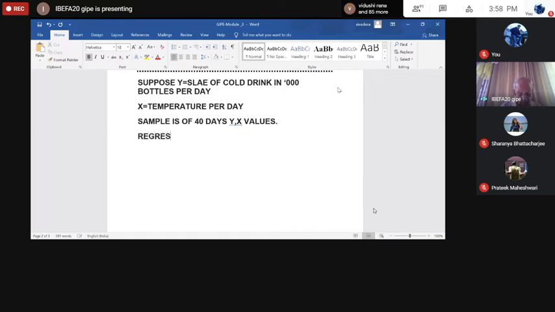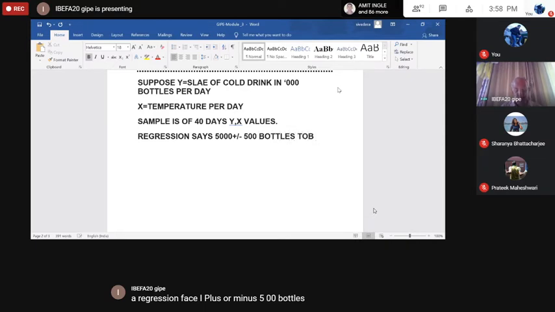A regression says 5000 plus or minus 500 bottles are to be kept when temperature equals 30 degrees Celsius.